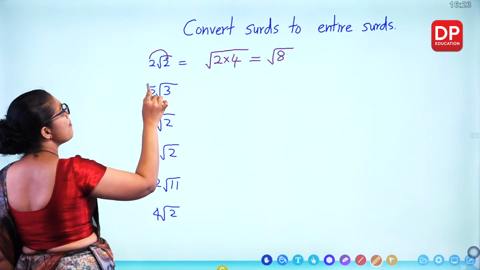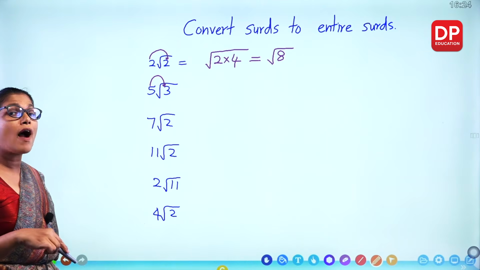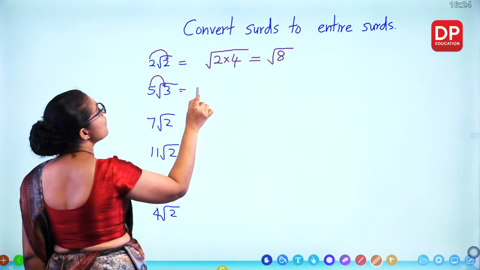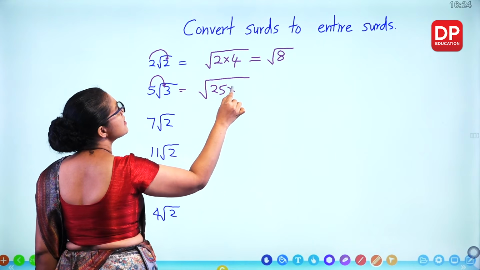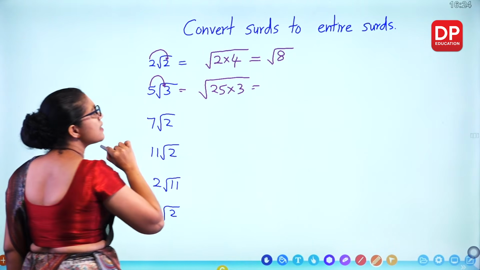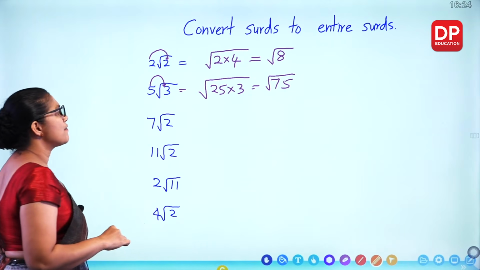Here, what's the number outside? We need to put this inside. So you take 5 squared. So what is 5 squared? 5 squared is 25 times 3. So what is 25 times 3? You get root 75.